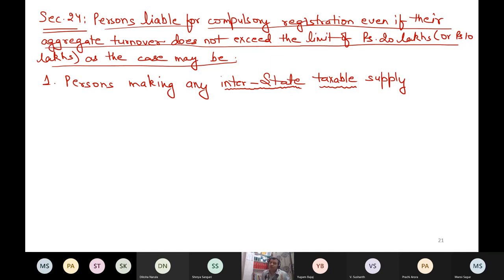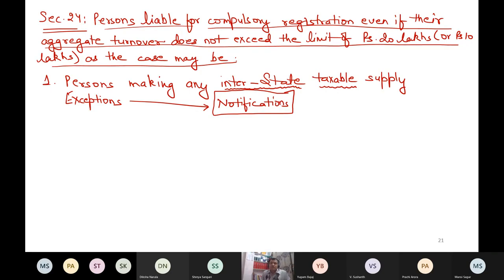But I told you, you cannot read 24 in isolation. You have to depend on section 23 also, and 23 deals with those cases where registration is not required. So when I combine the knowledge of 23, I can say that there are some exceptions also. Those exceptions I will tell you later on, through notifications. We have some situations of interstate supply where compulsory registration is not applicable.